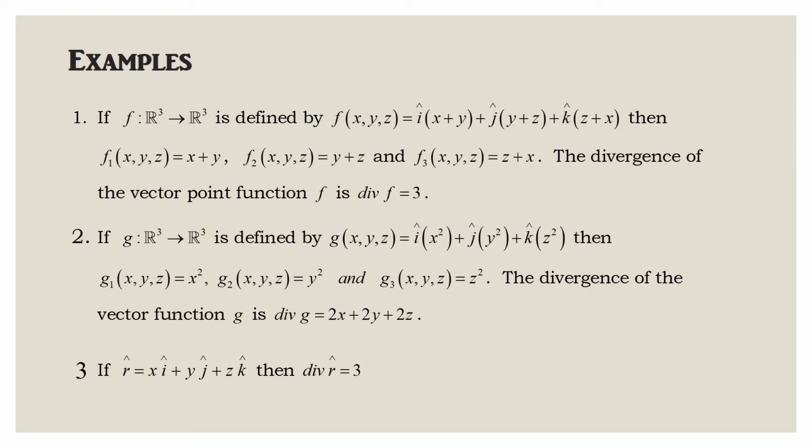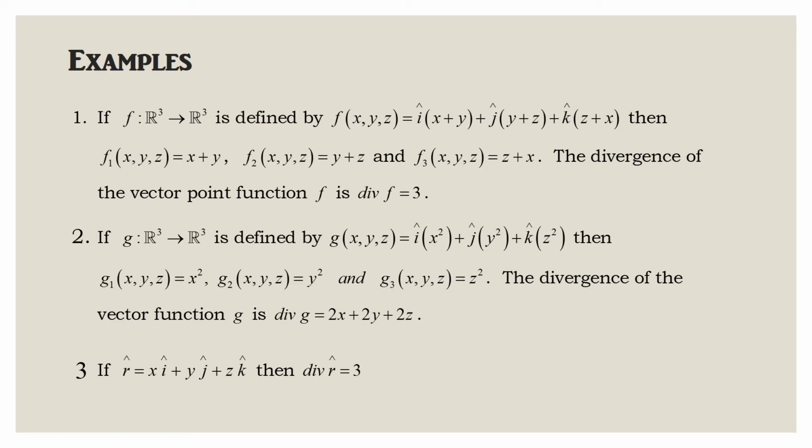Similarly, since f3 of x, y, z equals z plus x, its partial derivative with respect to z is also 1. Div f is the sum of these three pieces. So div f equals dou f1 by dou x plus dou f2 by dou y plus dou f3 by dou z. It gives us 1 plus 1 plus 1 equals 3. So in this example, the divergence of the given vector field f of x, y, z is 3.